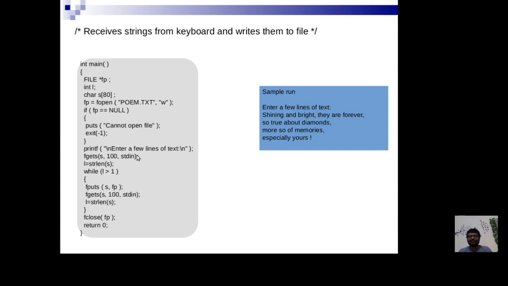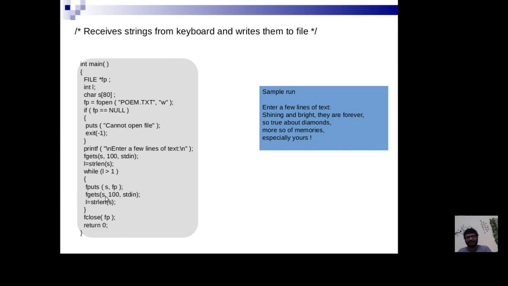If the user types in a longer string, then l will be strictly greater than 1, in which case we will enter the loop. And we will remain inside the loop as long as l is greater than 1. So inside the loop, the first step is writing the string to the file. s already contains a new line. So the file now contains a line followed by an explicit new line character.